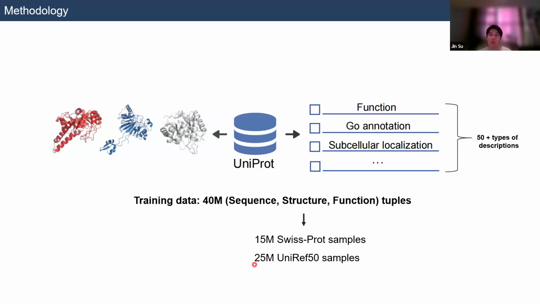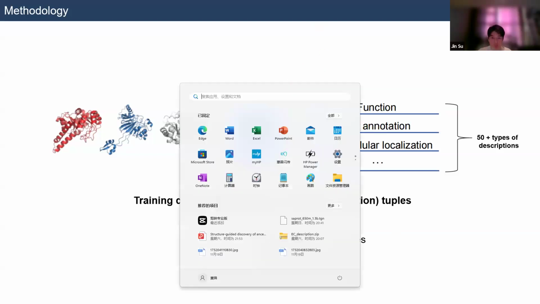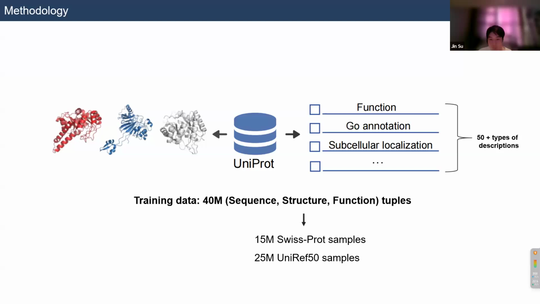These 25 million samples are relatively high quality because they went through the filtering. We also did experiments to test whether we only need to train models on the SwissProt database. We put it in our appendix. Maybe I can show you our paper in the appendix. Sorry, I can switch the screen. Please wait a second.